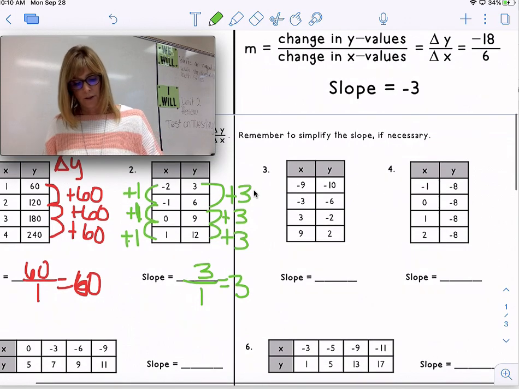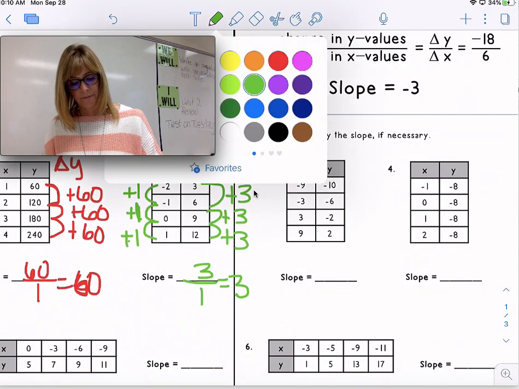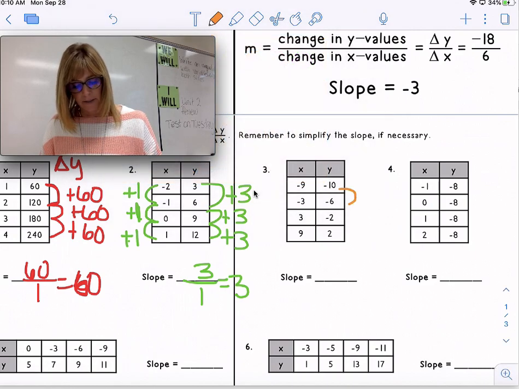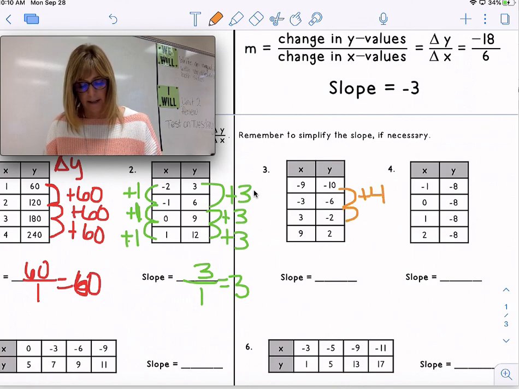Okay, let's try number 3. Negative 10 to negative 6. I know that's a change of 4, but is it adding 4 or subtracting 4? Yes, it's adding 4. And then negative 6 to negative 2 is adding 4.